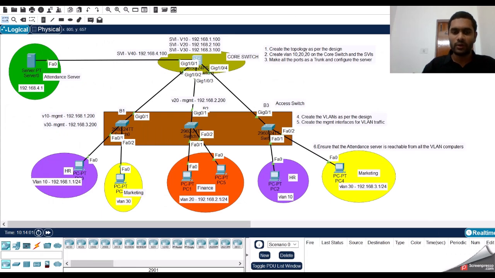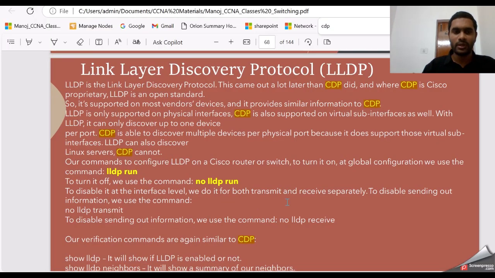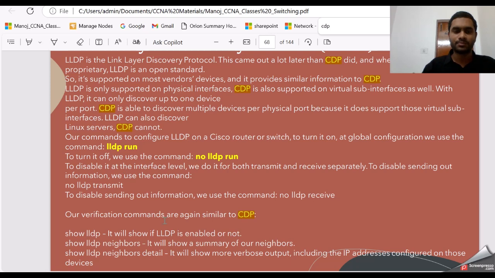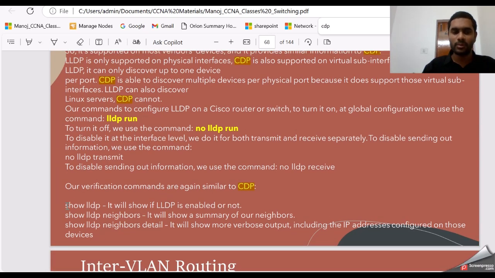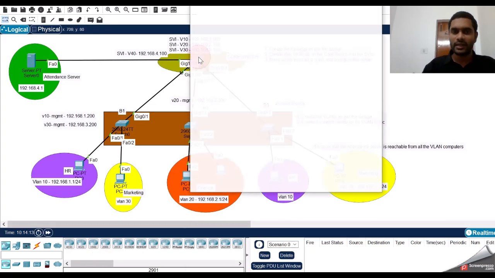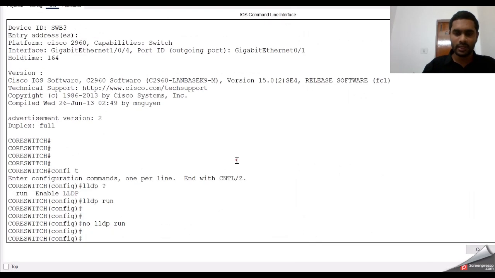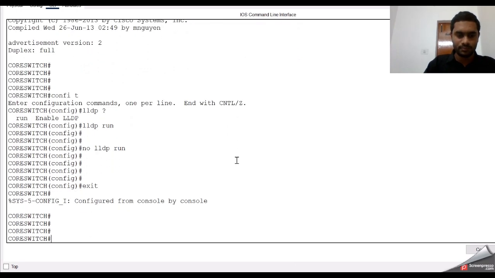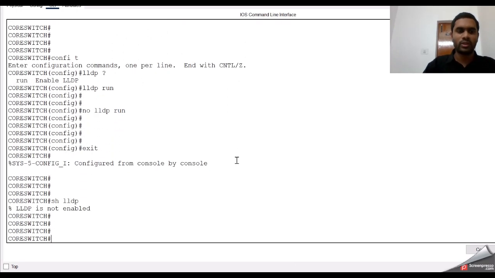I hope you have understood CDP and LLDP. With LLDP, if you would like to see the neighbors, use show lldp neighbors or show lldp neighbor detail. I am not running these commands because these are all Cisco switches only, so you will not get any information. Even if you type show lldp, it just shows not enabled because LLDP is not running.